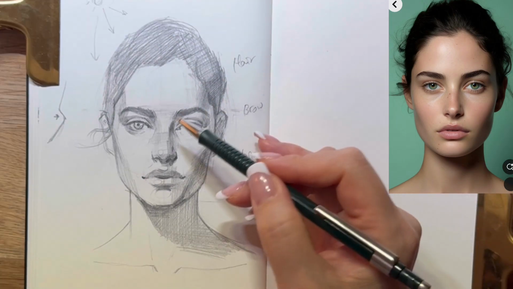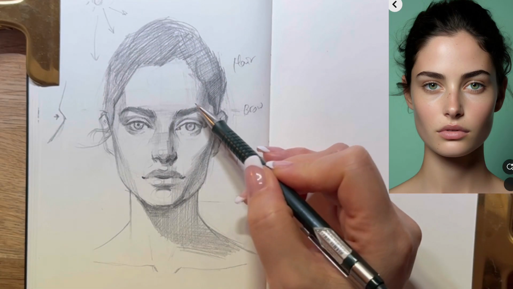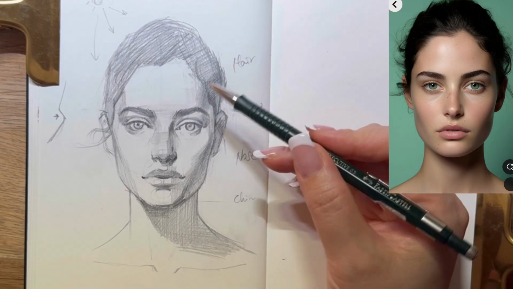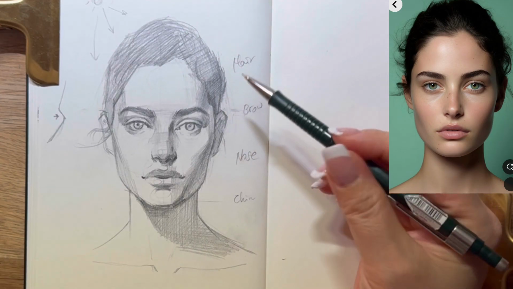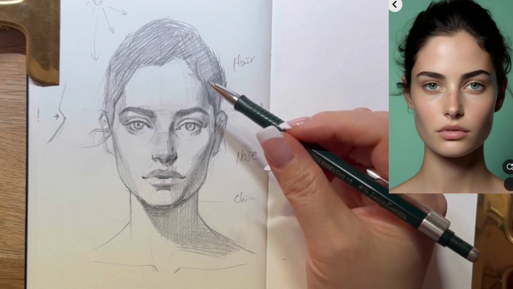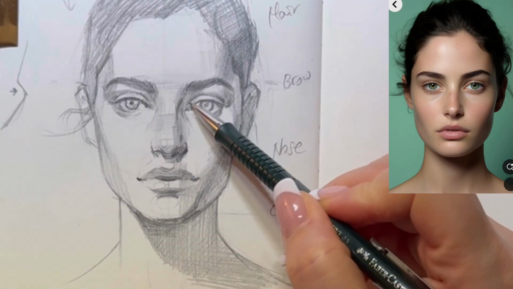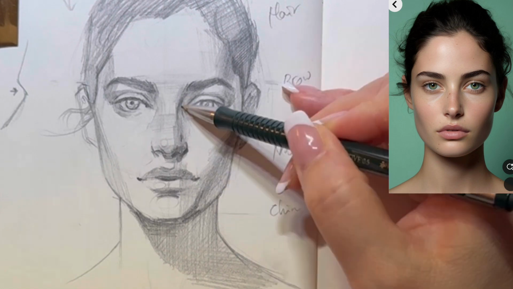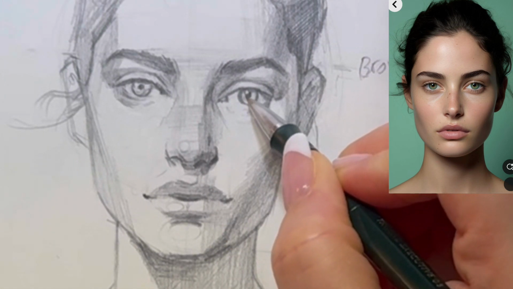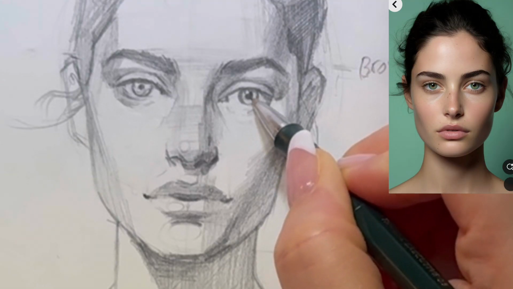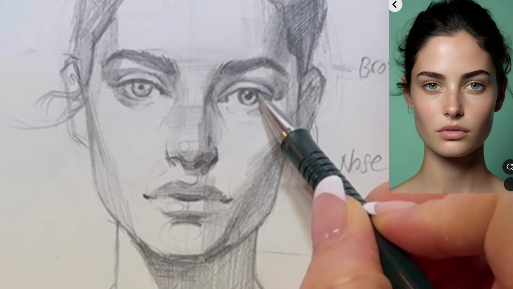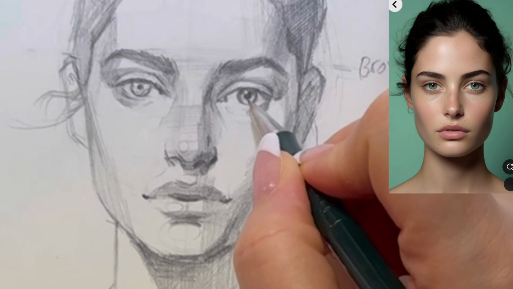I will stop and explain some points that I find very helpful or important to you. Okay, let's start with the eyes, which I usually do first. Leave it the paper color and make the pupil very dark, and usually the upper part of the iris is darker than the under.